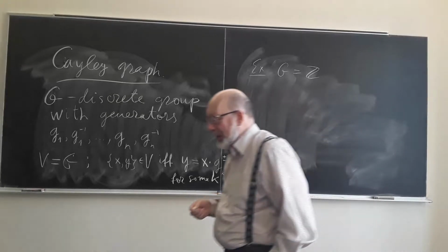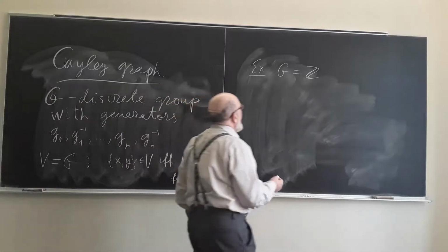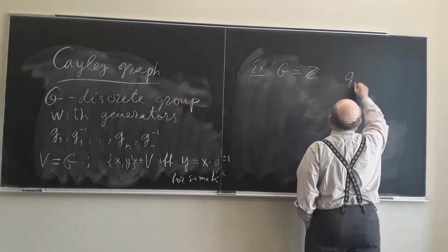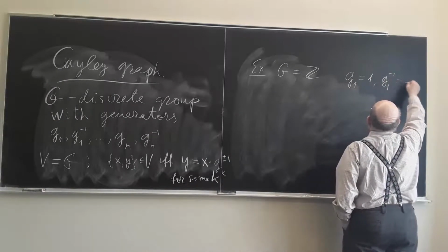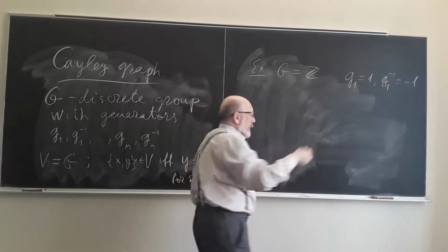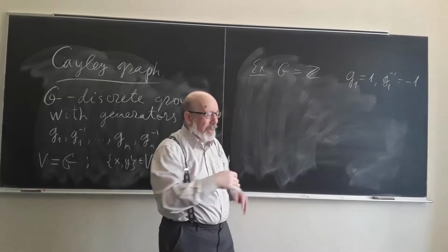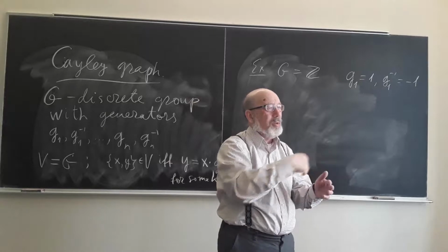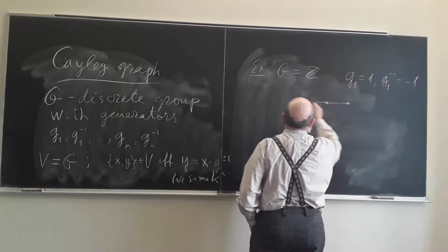So it is an Abelian group with the addition as a group operation. And so we have g1 equals 1, g1 minus 1 is minus 1. And so every element of this group is a result of adding some number of ones or minus ones. So in this case, we have this graph.